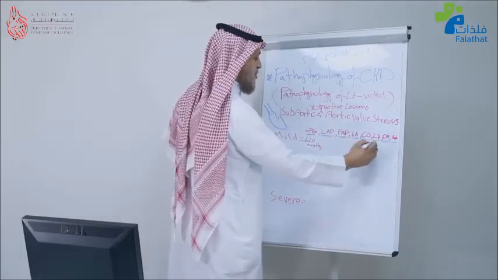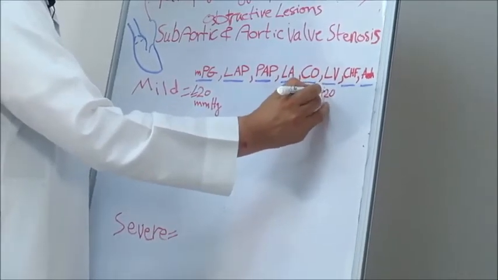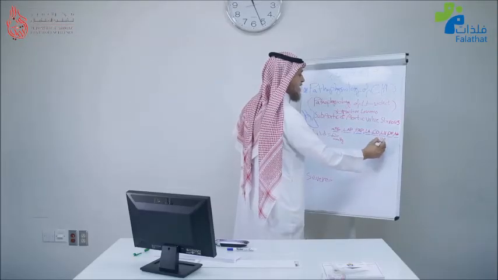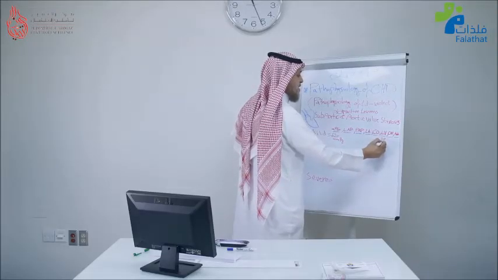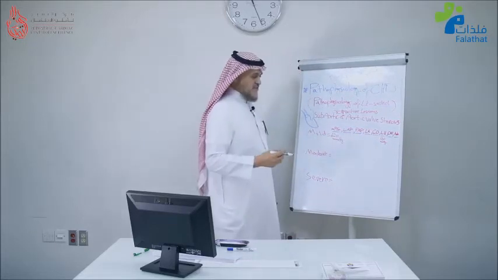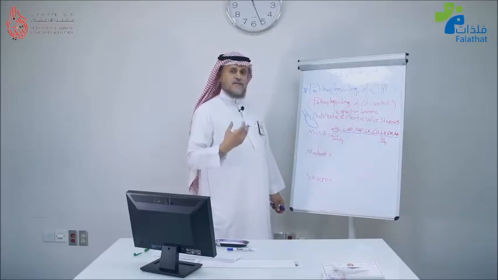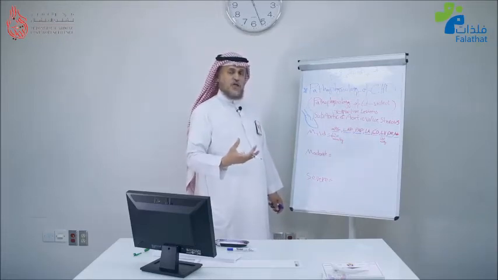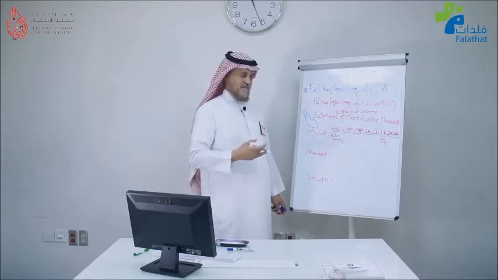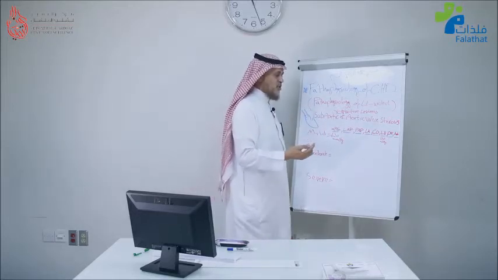LV pressure here will be around 120 millimeters mercury. Again, not a significant LV hypertension, because 120 is still within the normal higher side of LV pressure for a child, let's say, or an infant who is 1 year old and above. It may be on the higher normal or slight LV hypertension.